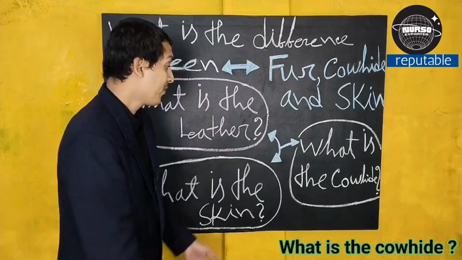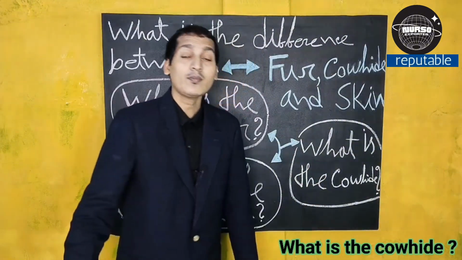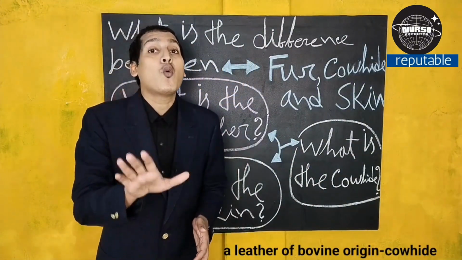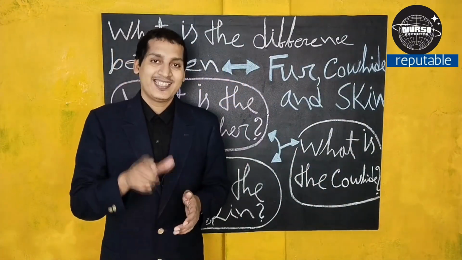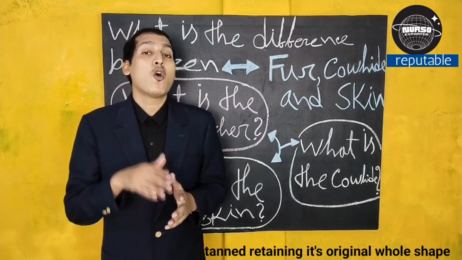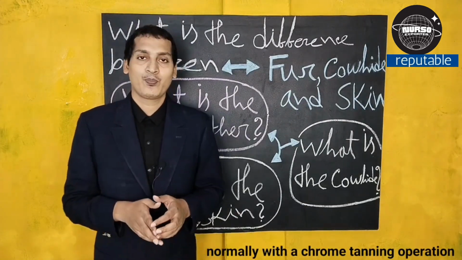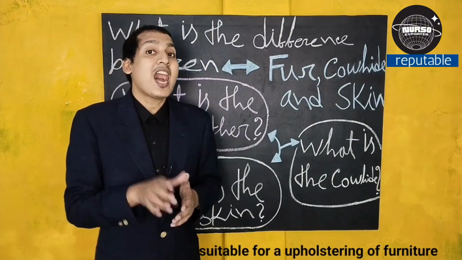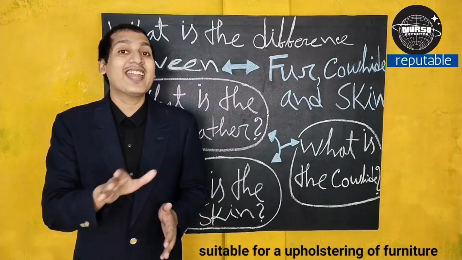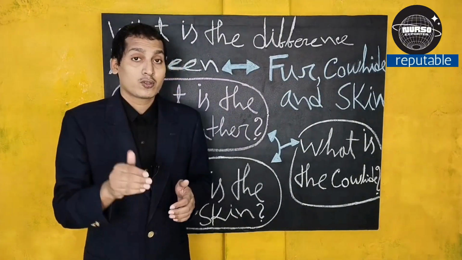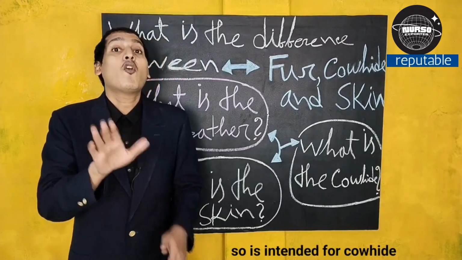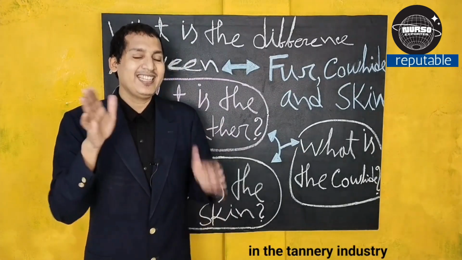What is cowhide? A leather of bovine origin, retaining its original whole shape, normally with the chrome tanning operation, suitable for upholstering of furniture and car interiors. So this term is intended for cowhide in the tannery industry.